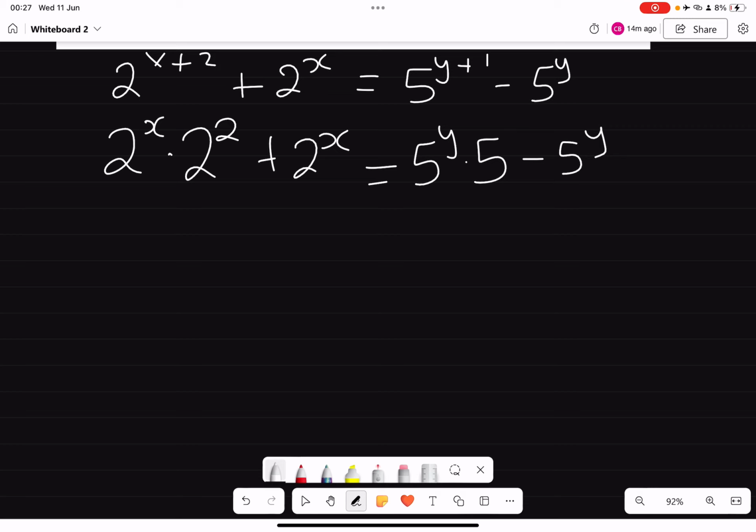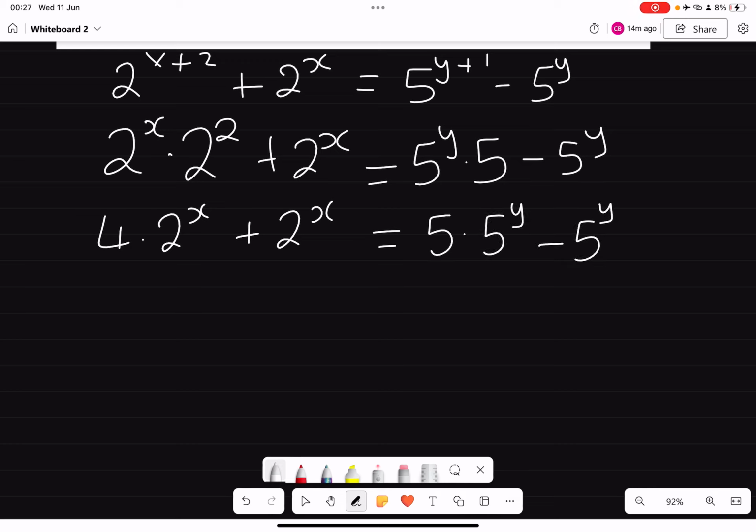All right. Now, here I basically have 4 times 2 to the power x, because this becomes 4, plus 2 to the power x, which is equal to 5 multiplied by 5 to the power of y minus 5 to the power of y.